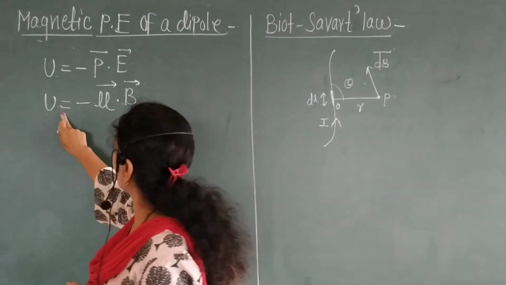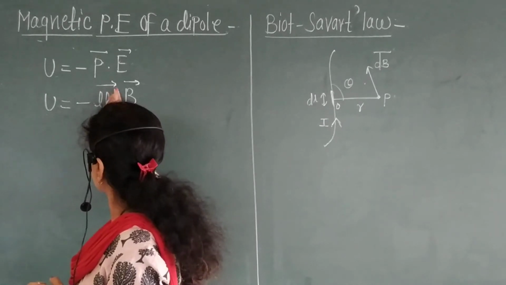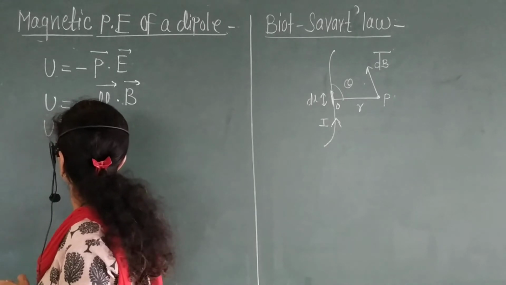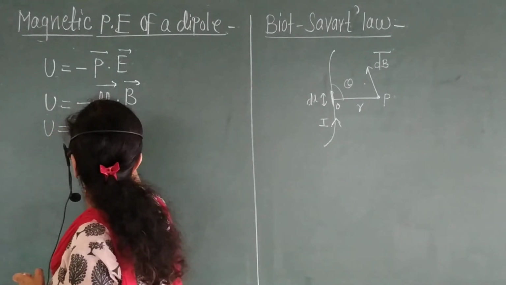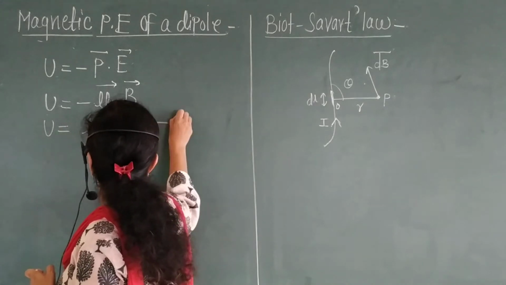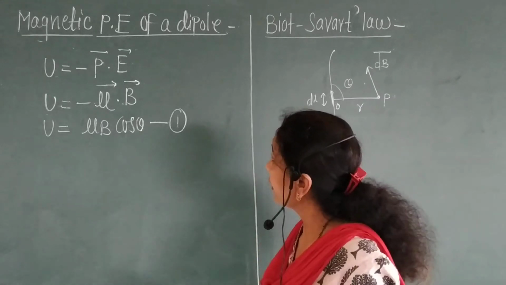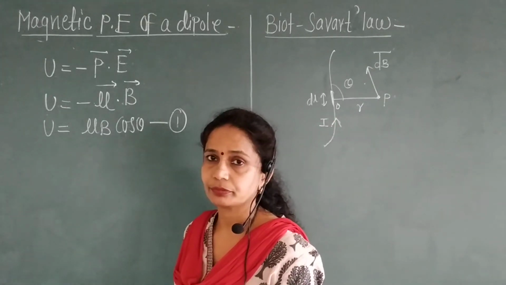Therefore U is equal to minus mu vector dot B vector. Therefore U is equal to minus mu B cos theta. Say equation number 1. And this is the magnetic potential energy of a dipole.